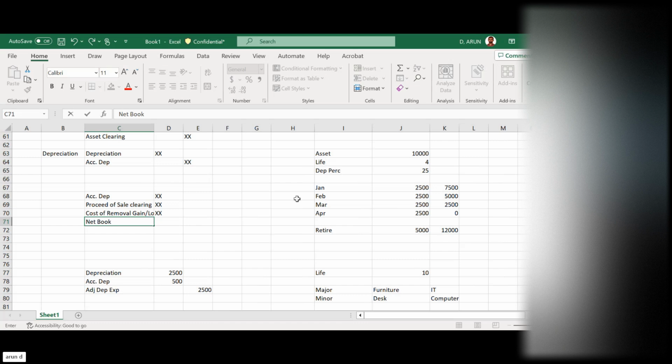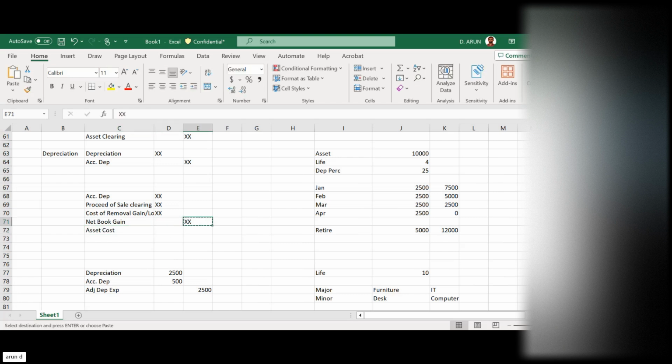Okay. So now let's say I have gained an amount of 500. So in the case of 2500, I'm just taking this as 500. Now I will have the asset cost account.